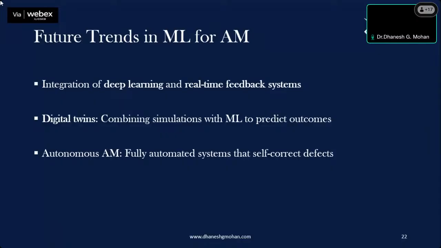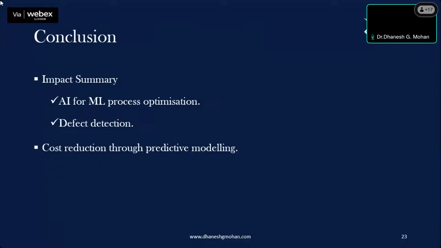Next slide, please. And conclusion. We began with the foundation of additive manufacturing, its history, significance, and application. We then examined challenges: limited material, process variability, and persistent defects. Then we talked about how artificial intelligence offers solutions: process optimization, defect detection, and predictive modeling.